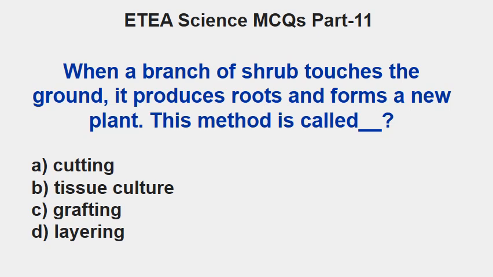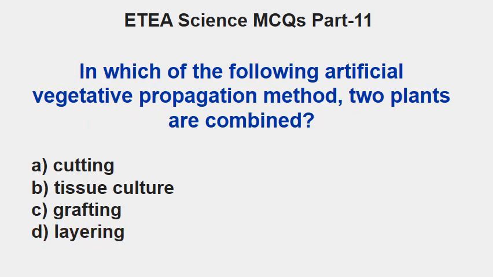When a branch of shrub touches the ground, it produces roots and forms a new plant. This method is called. In which of the following artificial vegetative propagation method, two plants are combined?